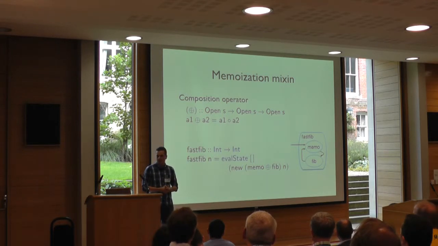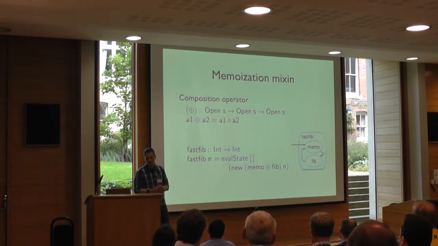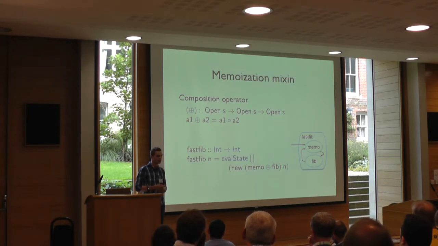And we can then close the composition, and we get a function that defines a stateful computation, so we can run it with an initial empty table in order to get a faster Fibonacci function.